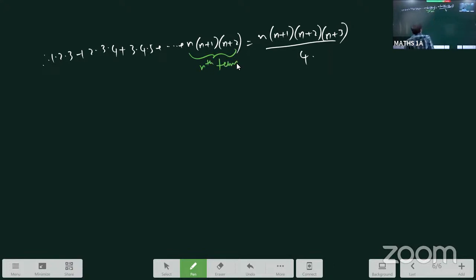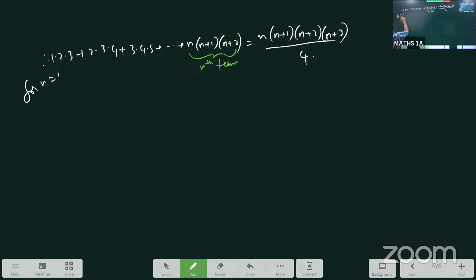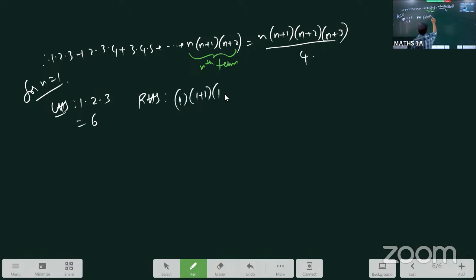Okay. Now first, for n equal to 1, LHS 1 into 2 into 3, 6. Next RHS, n equal to 1 you put 1, 1 plus 1, 1 plus 2, 1 plus 3 divided by 4. 2, 3, 4 by 4, 2 3s are 6.